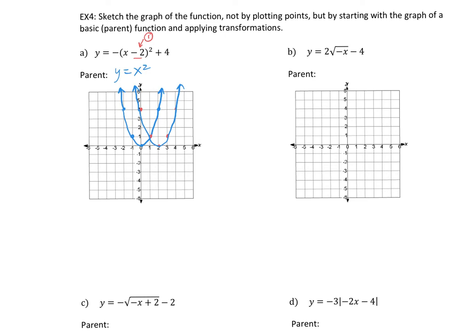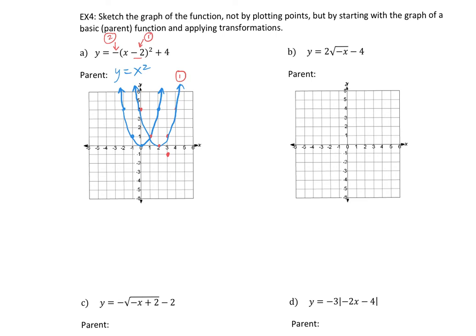All right, the next thing I need to do is go outside of the x values, and I see this negative in front of the parentheses. That would be a reflection. And this time we're going to reflect about the x-axis. So all the positive y's become negative. Maybe I'll label this one. Okay, so if I'm at 2, 0, I stay there. 3, 1, that y value of 1 is going to come down and be a -1.